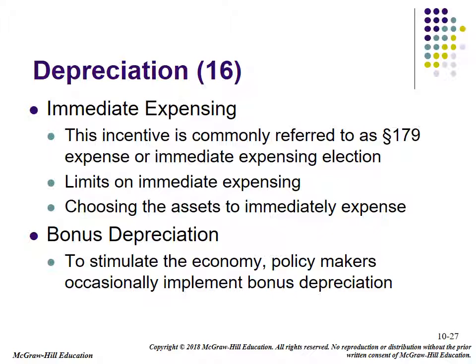This incentive is commonly referred to as Section 179 expense. There are limits on immediate expensing and in choosing the assets to immediately expense, so we're going to talk about that in a minute. The other one is called bonus depreciation. They really just started bonus depreciation around 2008, 2009, if I'm remembering my years correctly, and it was used to stimulate the economy. And it's still being used now.